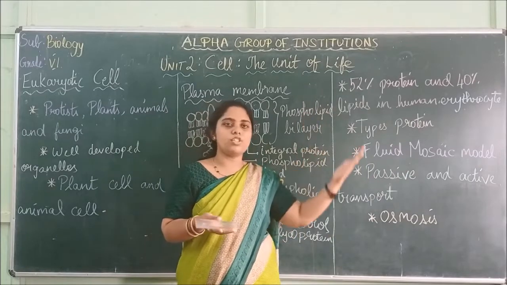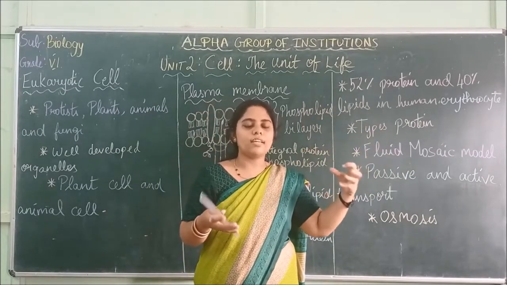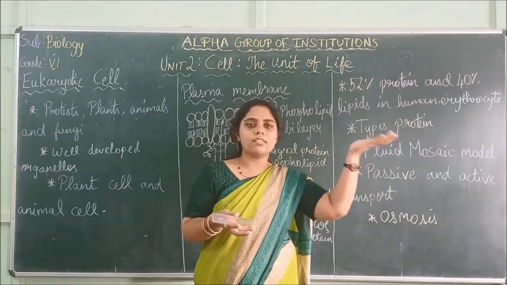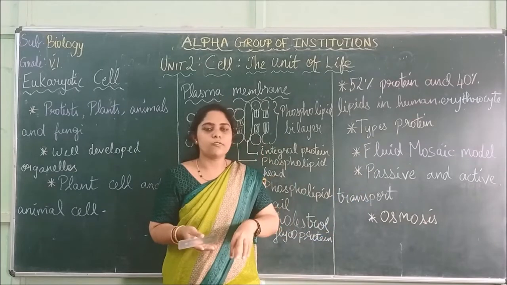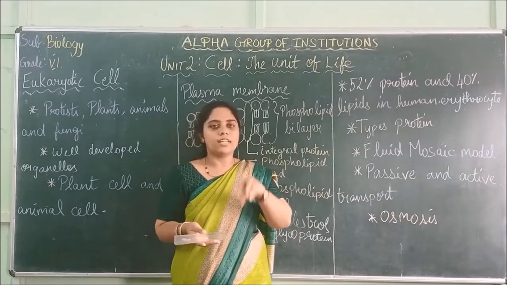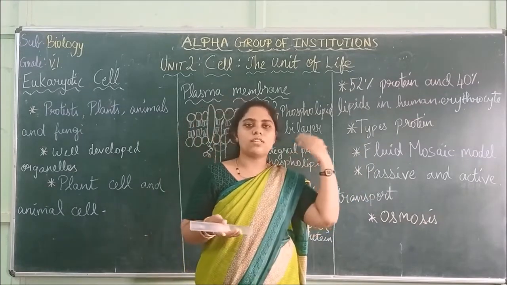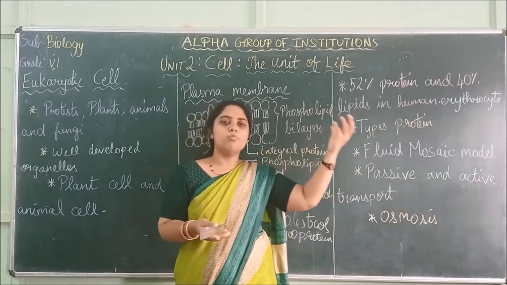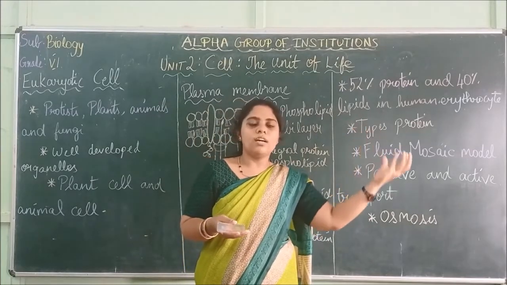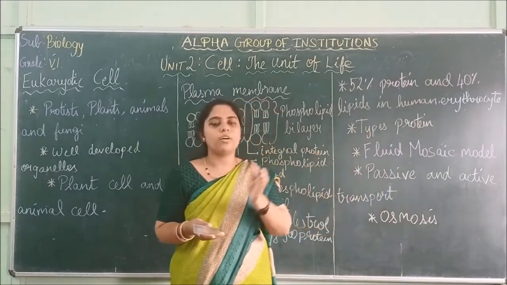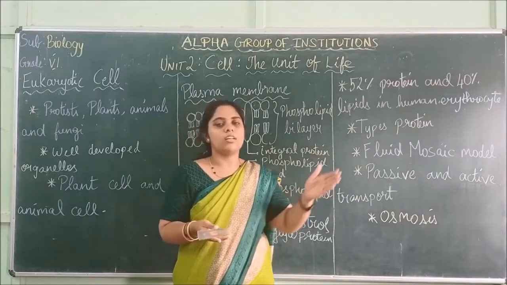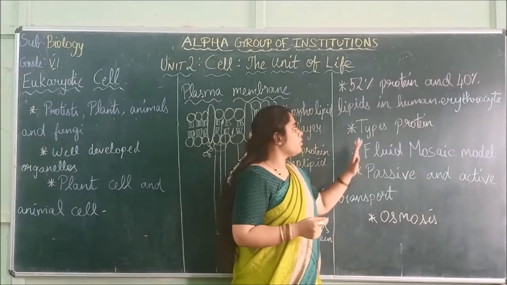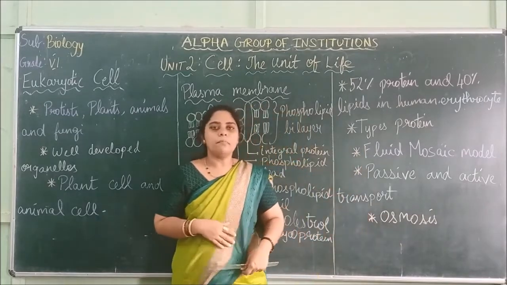It is coming from a region of higher concentration, where, say, the sodium concentration, the salt content, is very high outside. Whereas inside the cell, it is very low. So inside is the lower concentration and outside is the higher concentration. The movement of elements comes from a region of higher concentration to a region of lower concentration. This movement is called osmosis. So these are the things that come under the plasma membrane.